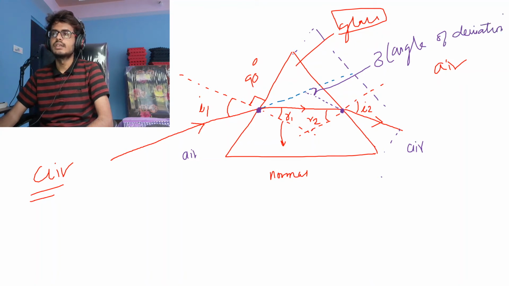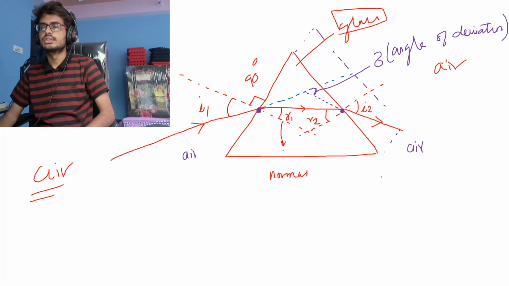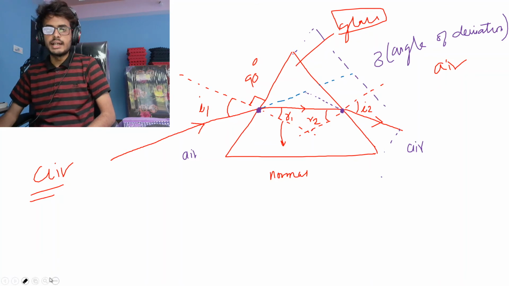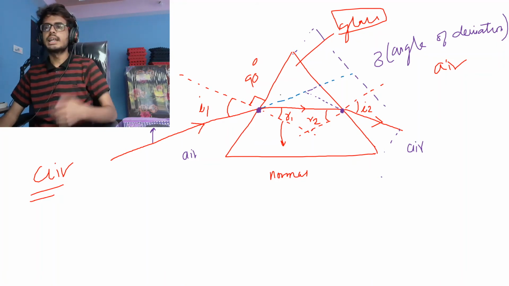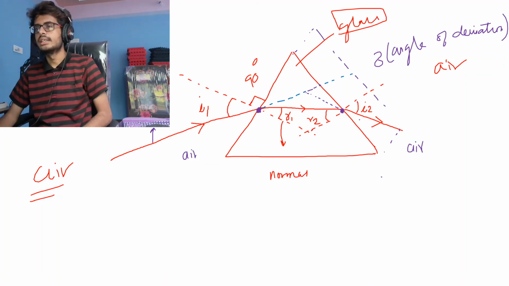This angle of deviation gives you an idea. I'll mark this angle again. We have two lines: the line extended from the original incident ray, as if there was no glass there, and the line extended from the second refracted ray after all the refraction happened.